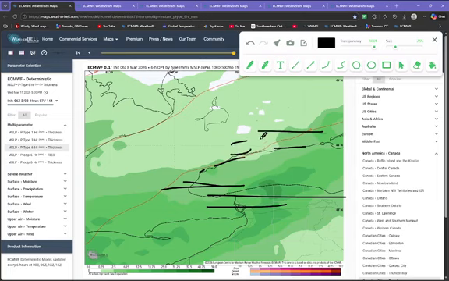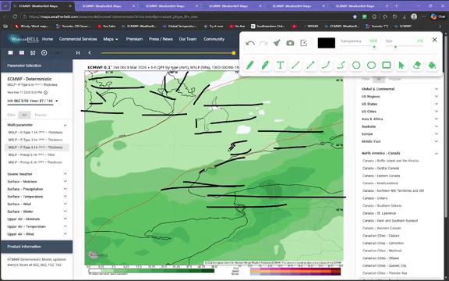So Oshawa, Uxbridge, Beverly Hills, Orillia, Georgia, Barrie, Palm Beach, Thunder Beach, Midland, Wiarton, Port Elgin, Hanover, Collingwood, including Newmarket and Orangeville. Those are going to get some 0.25 millimeters of rainfall. Downtown Toronto is going to get some 6.25 millimeters of rainfall. Belleville is going to get some 6.25 millimeters of rainfall.